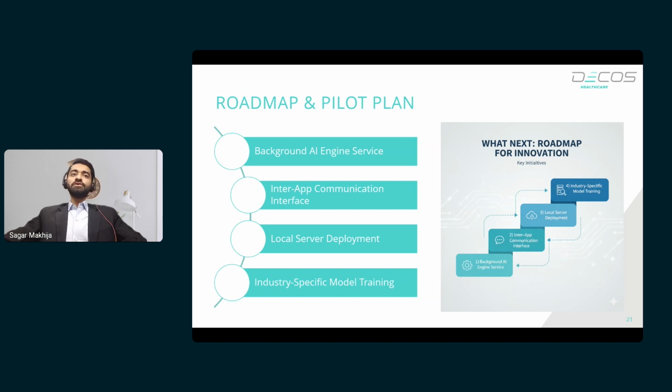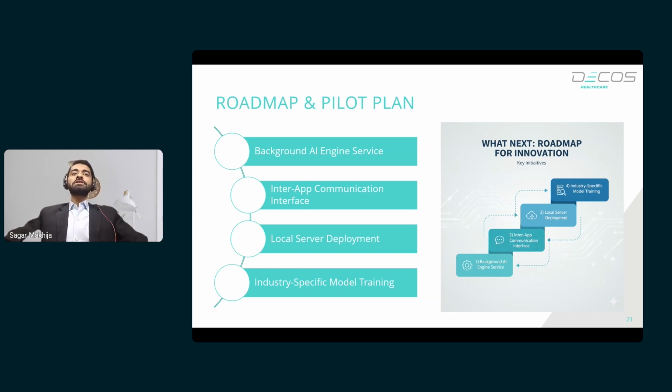This enables reuse, consistency, and better responses. Third, local server deployment. For larger setups, we will host the AI on a secure local server that multiple devices can access via a private network. This provides centralized control, easier updates, and higher computation capacity without cloud dependencies.